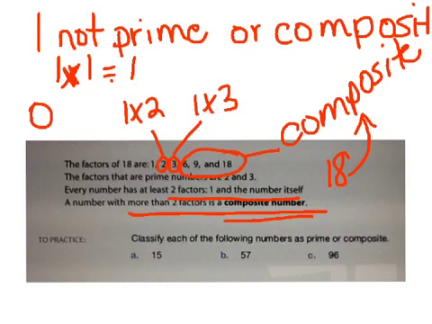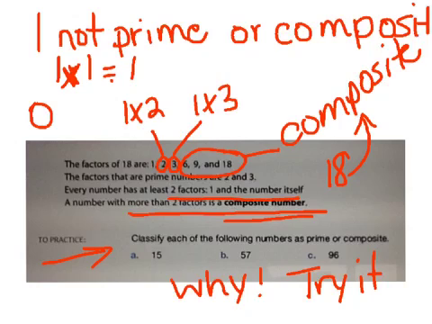Go ahead now and try 15 and 57 and 96. Be ready to explain why they are prime or composite. Try it now. All right, let's try it. 15.